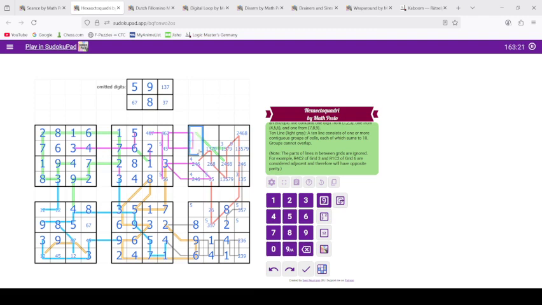Can this really be 6-8? Those would have to be the same.